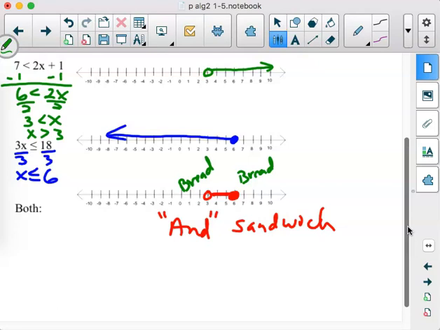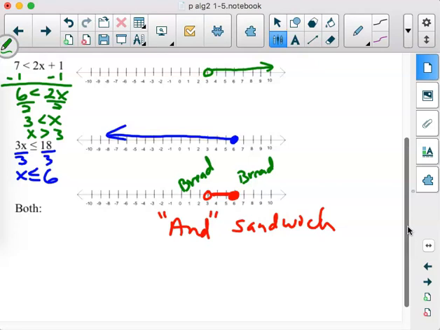And the coloring that we do in between, that's all the good stuff. The meats, the cheeses, the mayo, maybe not mayo, a little vinegar and oil, that type of thing. But that's where all the good stuff goes. So when we have an and statement, our graph should always look like an and sandwich. Bread, all the good stuff in between.